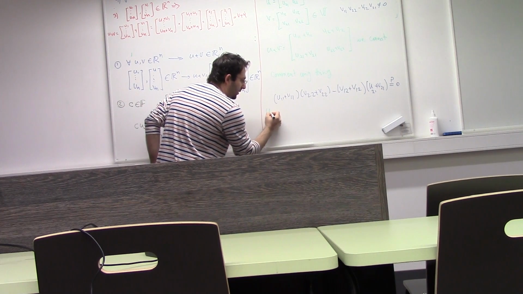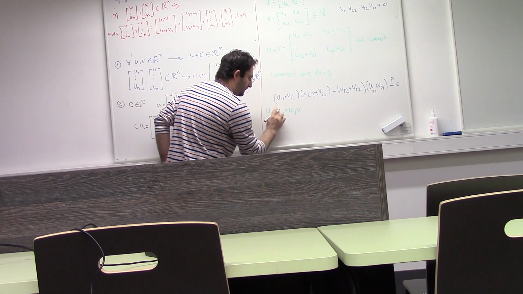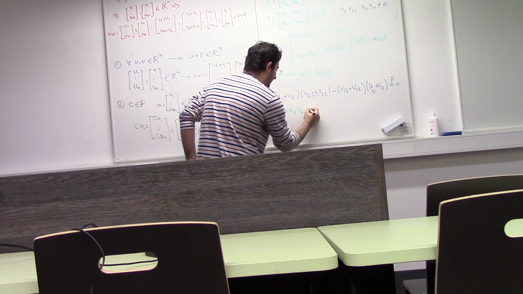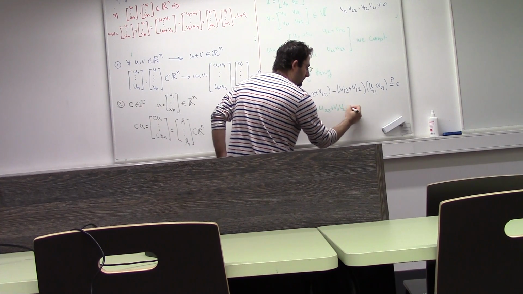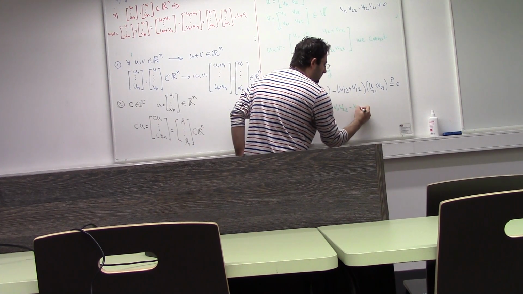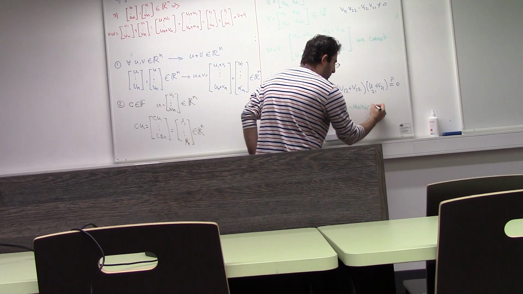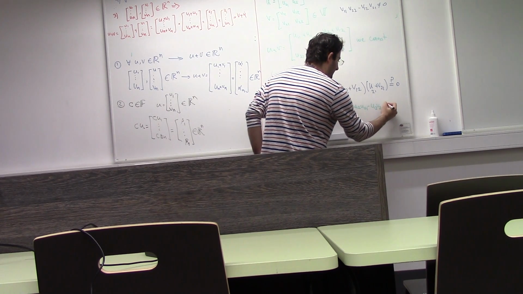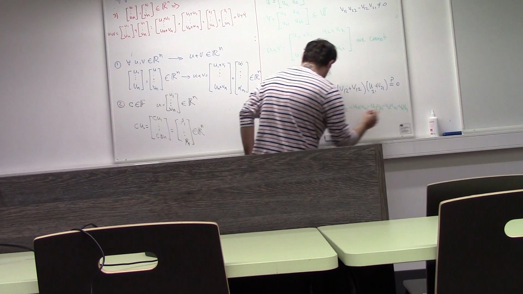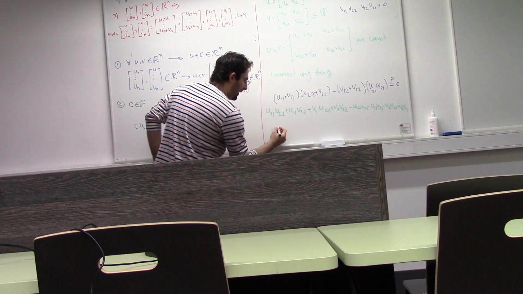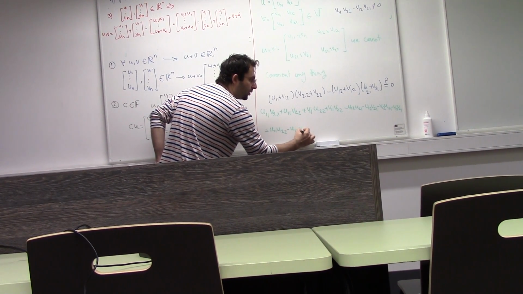So what we get is U11 U22 plus U11 V22 plus V11 U22 plus V11 V22 minus U12 U21 minus U12 V21 minus V12 U21 minus V12 V21, which is equal to, look, U11 U22 minus U21 U12.